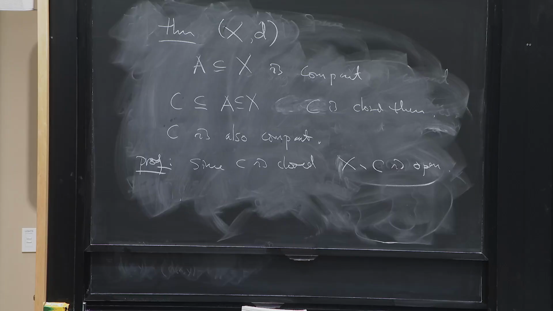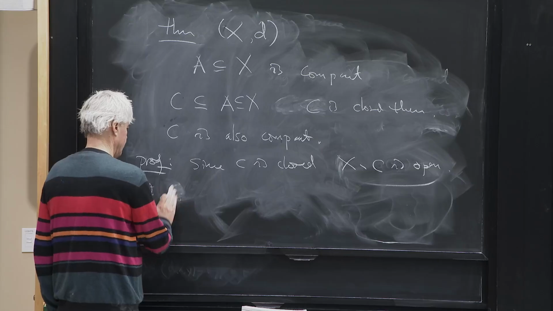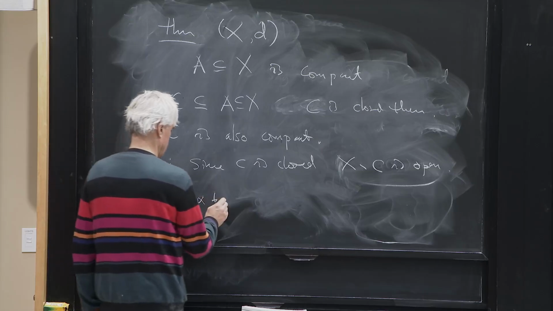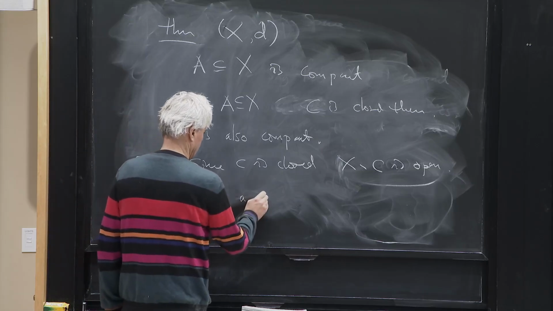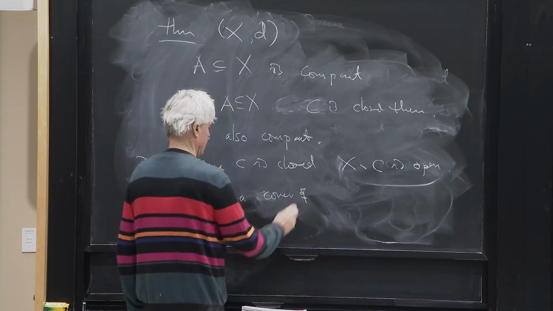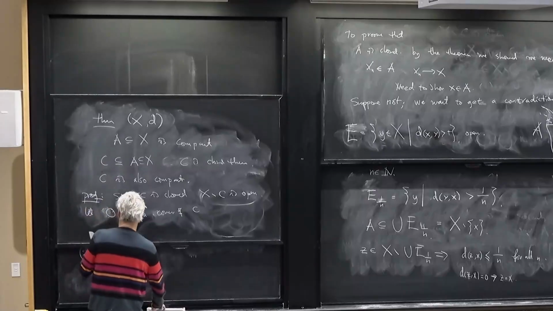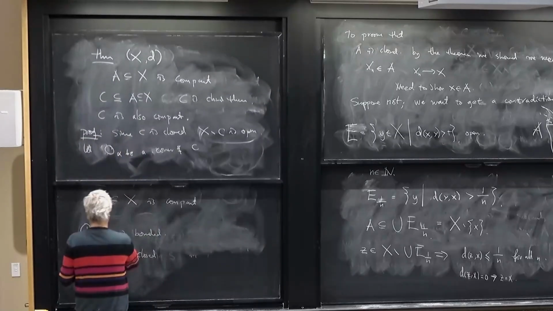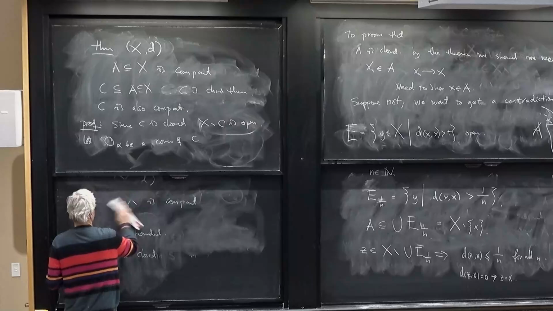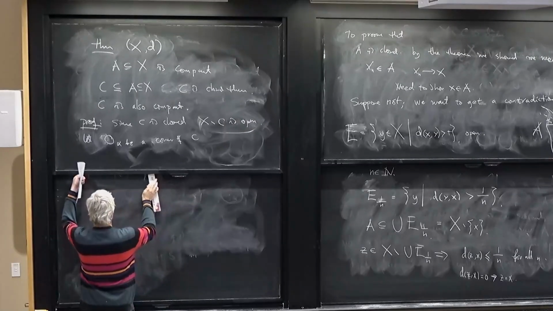So now let O alpha be a cover of C. Then O alpha is a cover of C, and now you can add the complement of C to it.